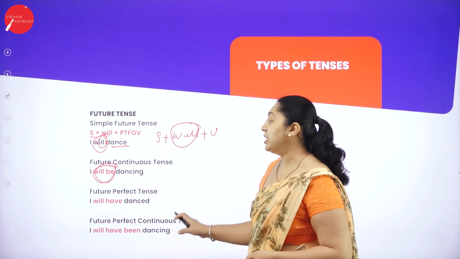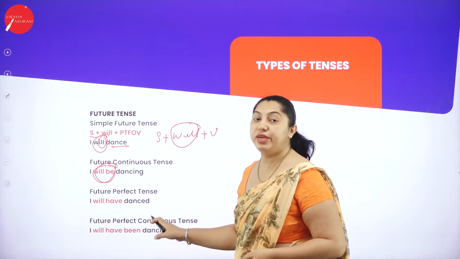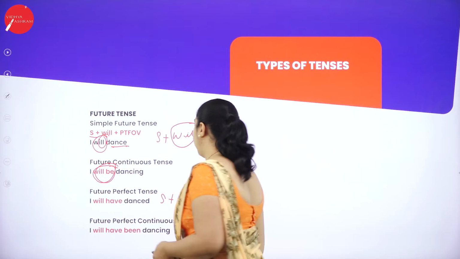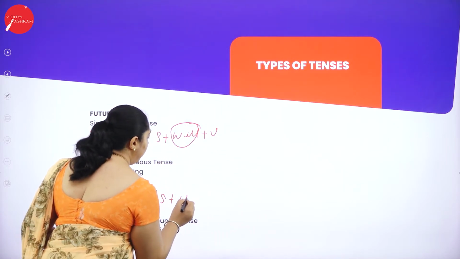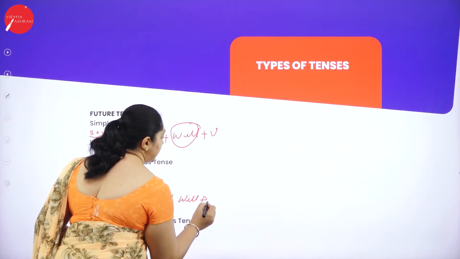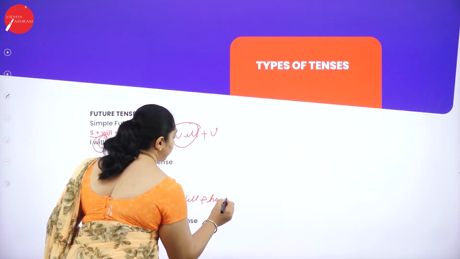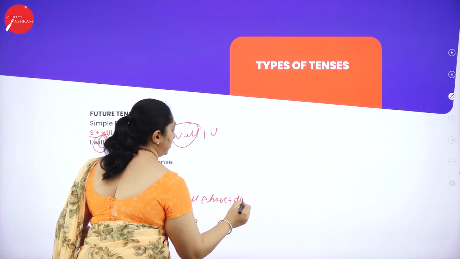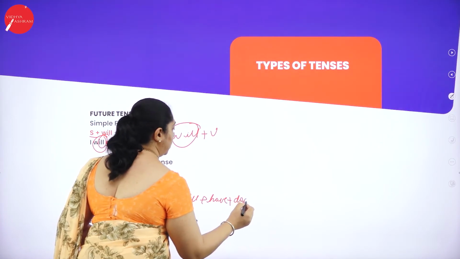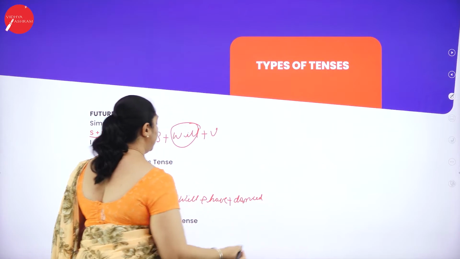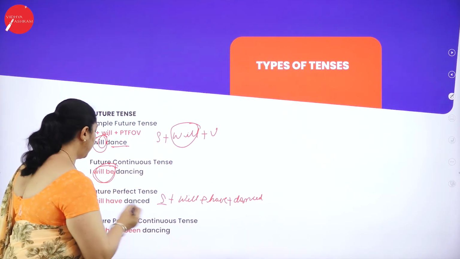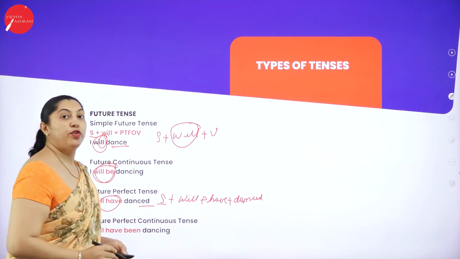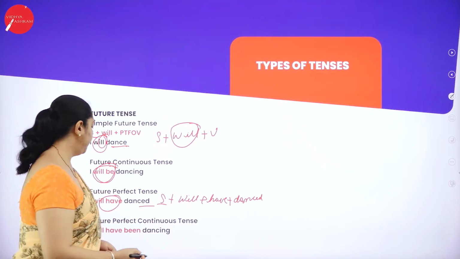Future perfect tense. So I will have danced. I is the subject plus will plus have plus danced. So subject is I, will have been auxiliary verb, dance is the future form of the verb.